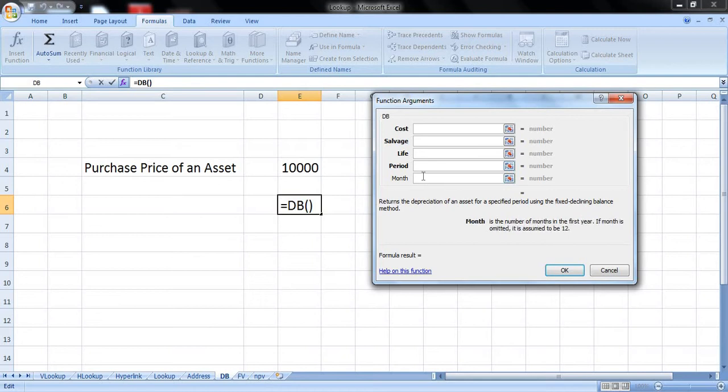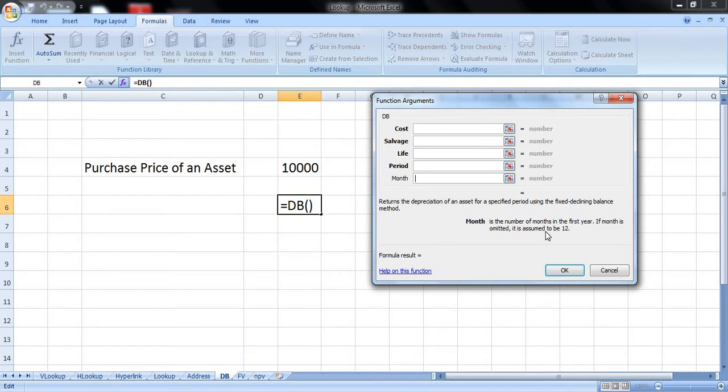The fifth one is month, which is the number of months in the first year. As we are talking about financial functions, we generally calculate in a financial year pattern, 12 months in a year, that is from April till March. What if I have purchased an asset at the 6th month of the first financial year?